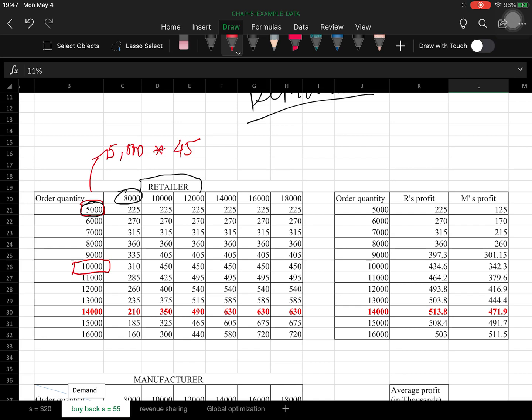For the second case, what we can sell is 8,000, right? And we can get profit of 45 per unit, and minus the marginal loss of 2,000. They have 2,000 extra, that is 10,000 minus 8,000, right?